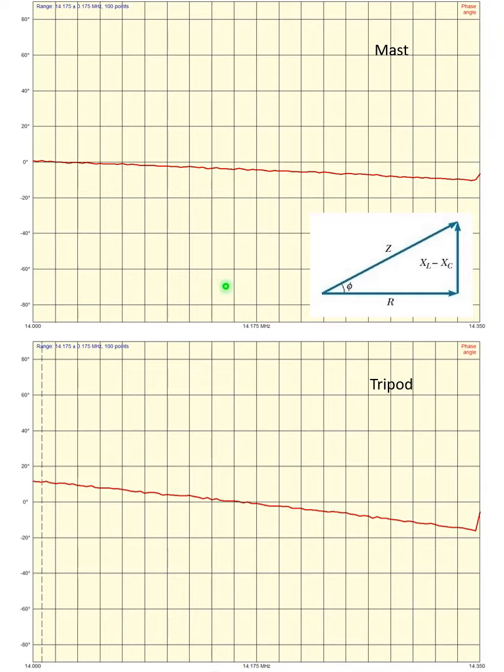As you raise it up from the ground, the capacitive reactance gets less, so your resonant frequency moves down in frequency. That's one of the reasons the shape of the curves was a little different on the standing wave ratio. So that's a look at the phase angle as we sweep through 14 to 14.35 megahertz.